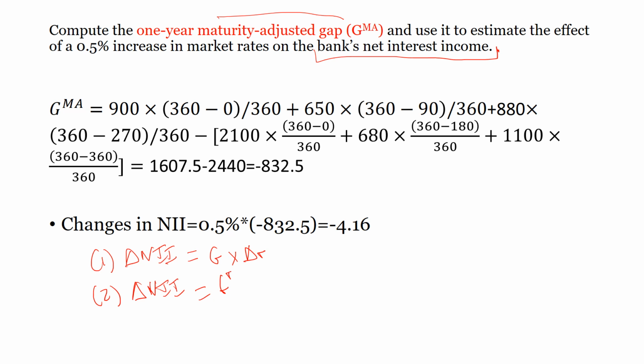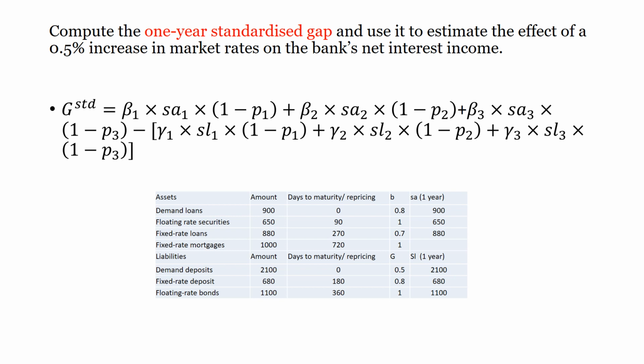All you have to do is change the gap to the gap adjusted by maturity, but the rest doesn't change. So this is still 0.5%. GMA, you found it already, is minus $832.5 million or billion, and you get a change in net interest income of minus $4.16 billion or whatever.